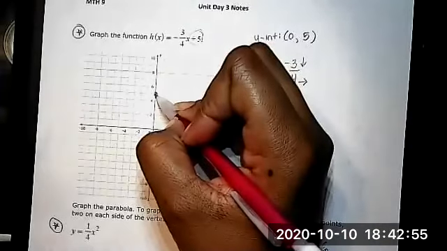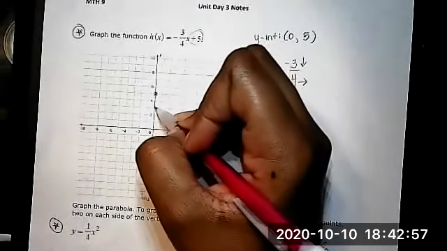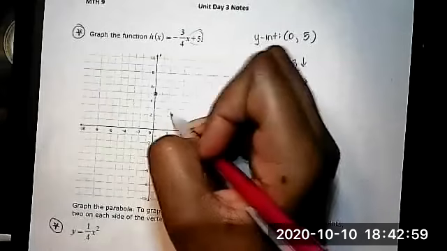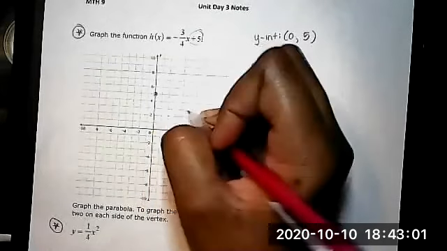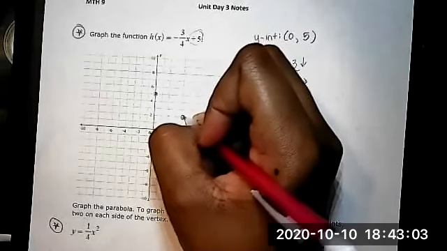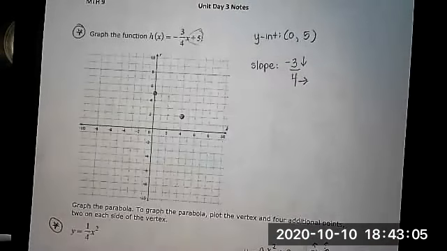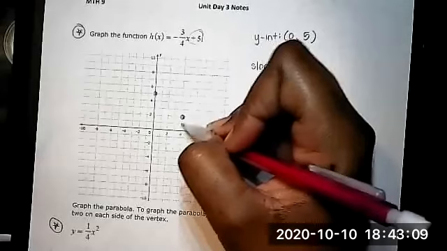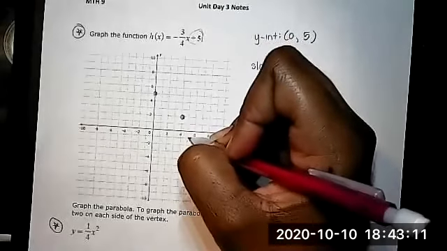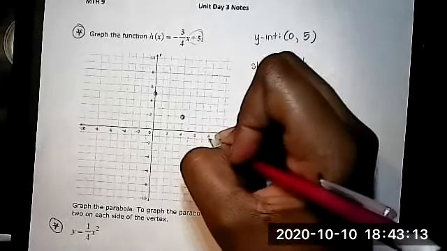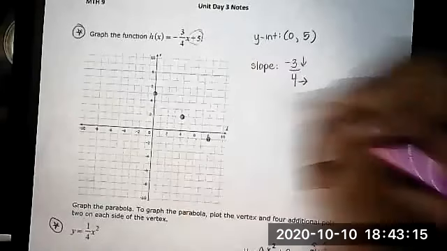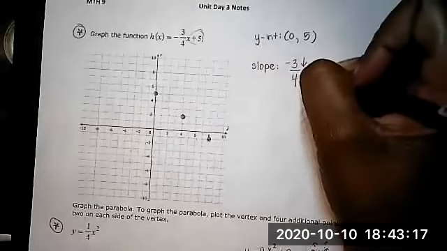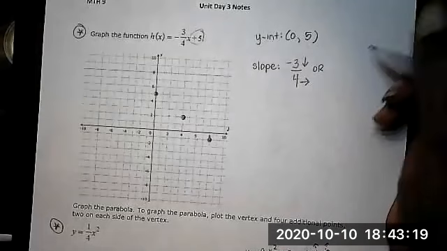So from your y-intercept, down 1, 2, 3, right 1, 2, 3, 4. Good. But remember, you can go again if you need to: 1, 2, 3, and then 1, 2, 3, 4. But what did I say? The opposite is also always true.